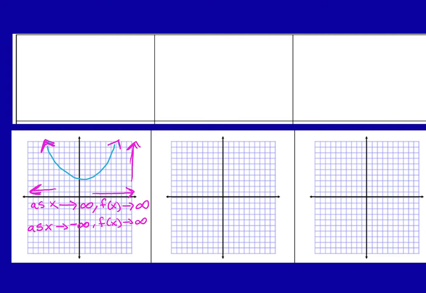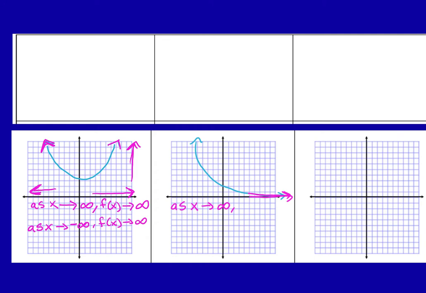All right, so here's just a quick sketch of another graph. This would be an exponential function. Exponential functions all start the same. So as x approaches infinity, as x goes forever and ever this way, you should remember that's an asymptote.